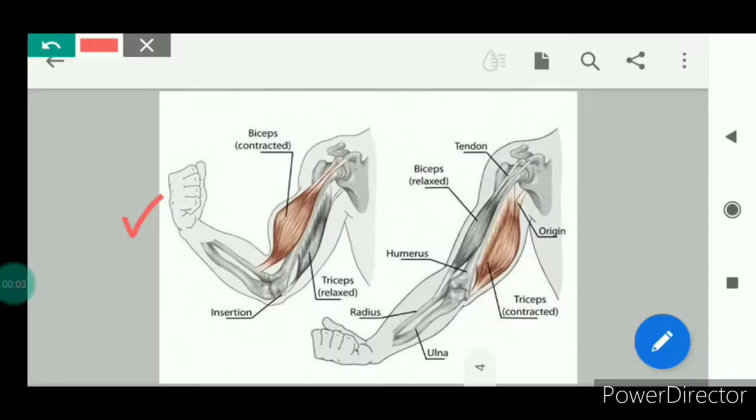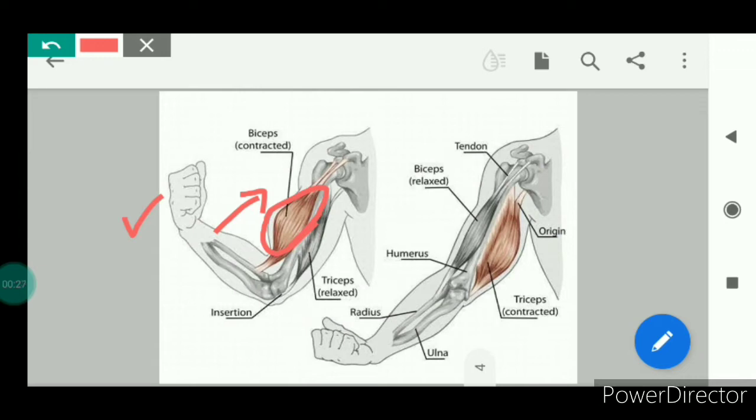As we know, muscles work in pairs. When one of them contracts, the other one relaxes. So bend your arm at the elbow. What you will notice is that the biceps has contracted. You can see when muscles contract, they become shorter and thicker. When the biceps contracts, it pulls the bone. Now we know that muscles can only pull, they cannot push the bone.